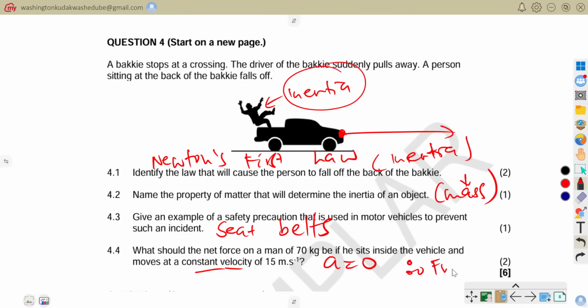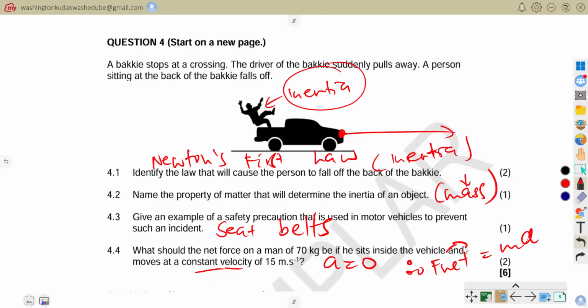Therefore, the net force, as given by Newton's second law, is also equal to 0. So you would say net force is equal to 0 because the object is moving at a constant velocity. Once the object is moving at a constant velocity, there is no net acceleration. Hence, therefore, there is no net force. Now let's go to question number 5.